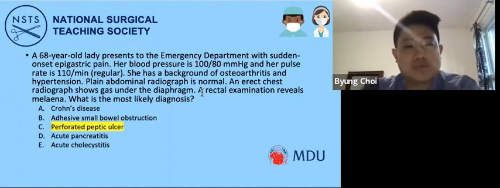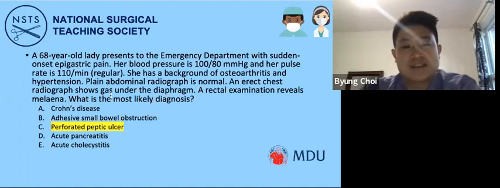And with that film being normal, it's likely to rule out B, because with bowel obstruction, you're going to get dilated bowel loops on that abdominal film. There may also be features on a film of Crohn's disease, thumbprinting, for example, and again, it doesn't suggest there was.